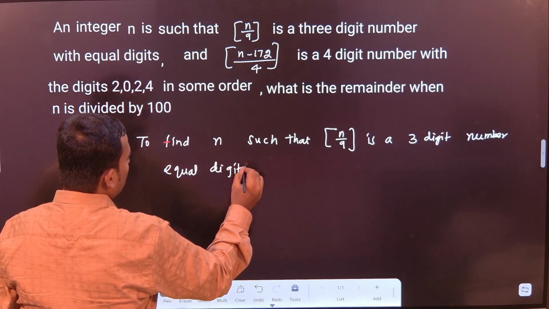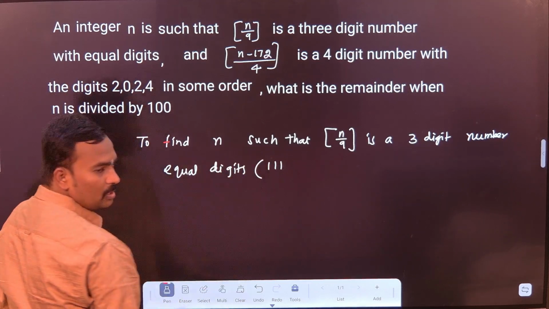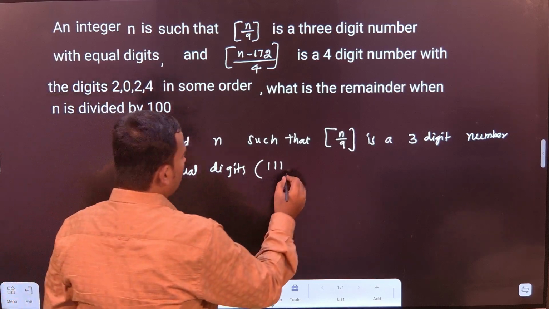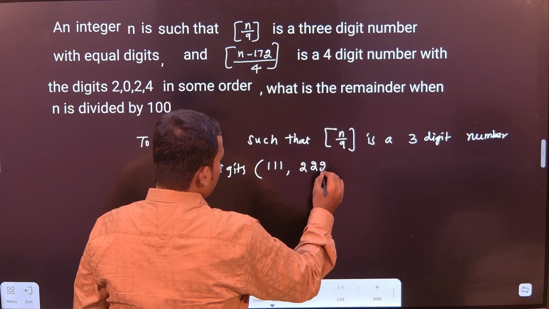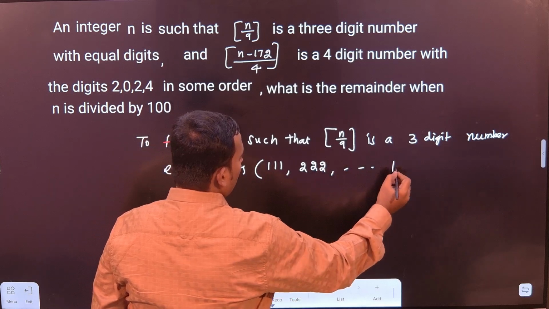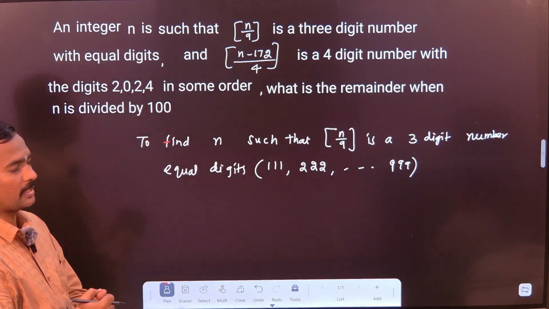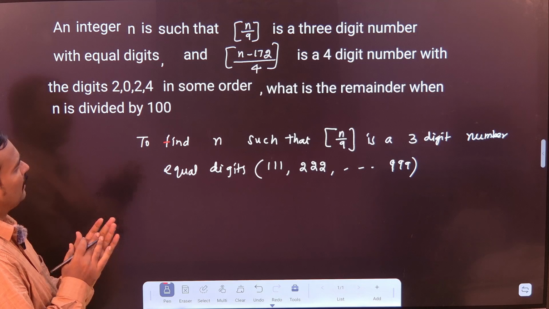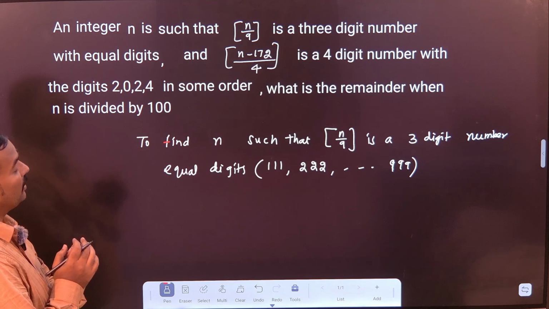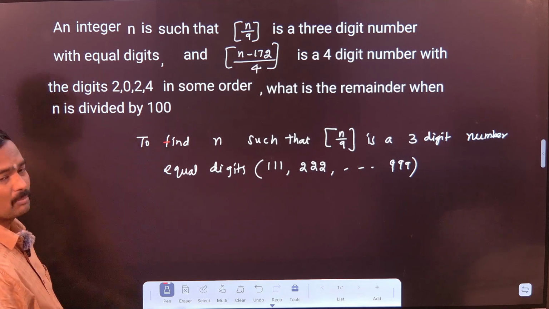Equal digits means 1, 1, 1. So the 3-digit numbers are 111, 222, and so on up to 999. These are the possibilities. Now first you have to find out the 4-digit numbers.